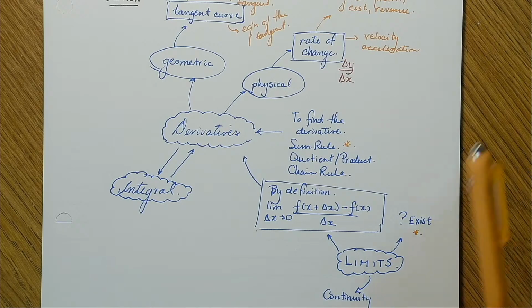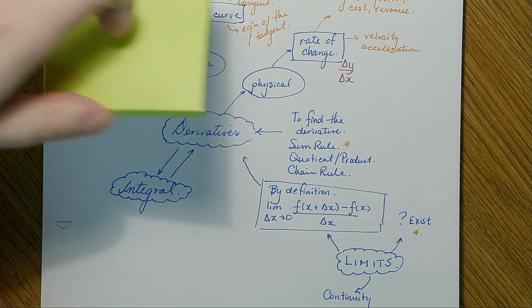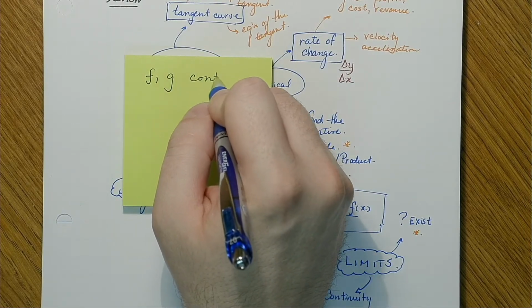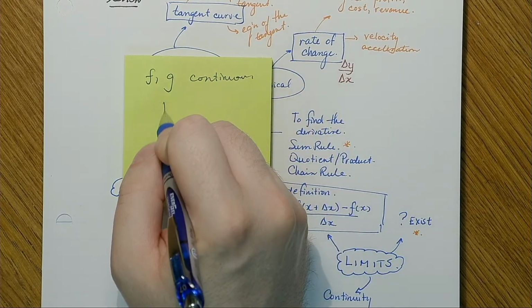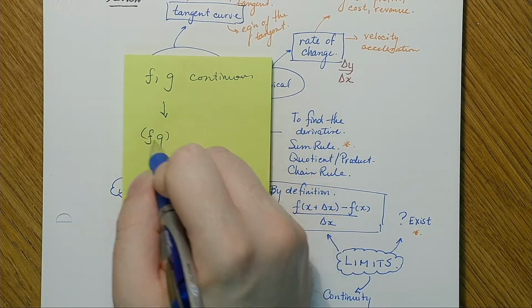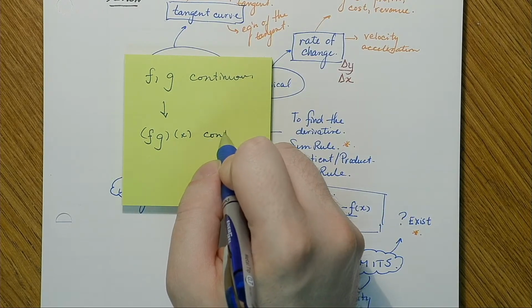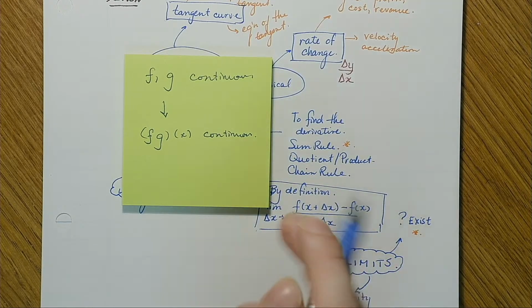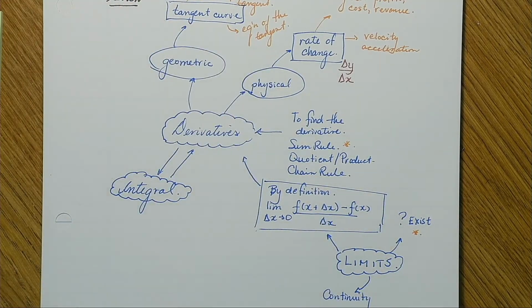Even we did a proof where we took two functions f and g, showed that f and g were continuous, and we actually showed then that f times g was itself continuous. So it's possible. There are proofs, yes.